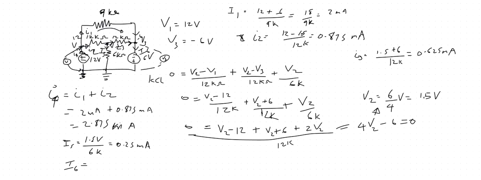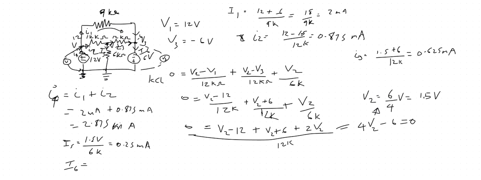I1 was 2 milliamps, and I3 is 0.625, so it will be 2.625 milliamps.